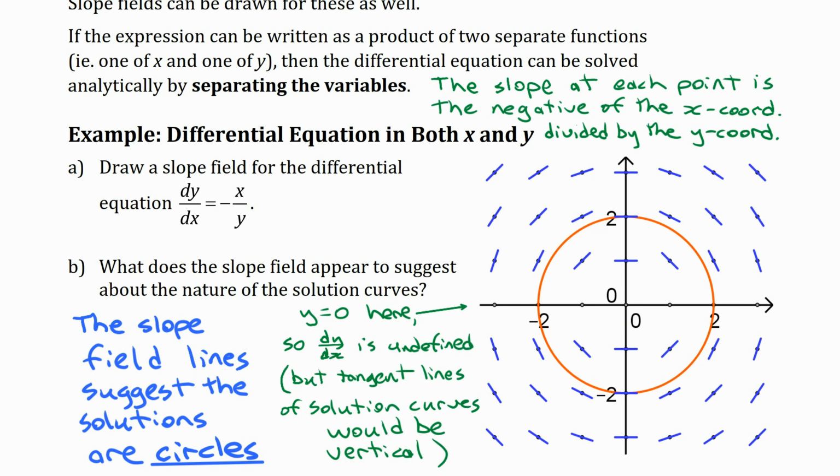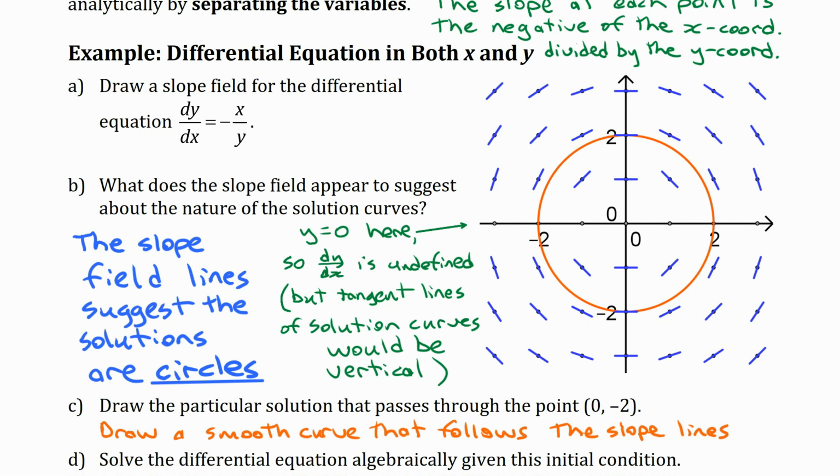In reality, those lines would be vertical in this case, but we don't generally draw them when the slope is undefined. That's just a slight difference. GeoGebra draws them only because it's just doing a calculation of some sort, so I would disregard that.